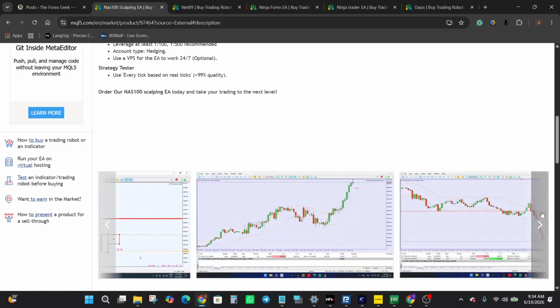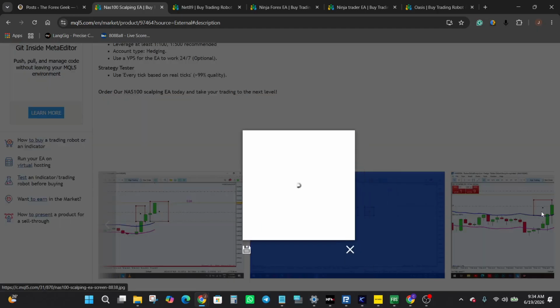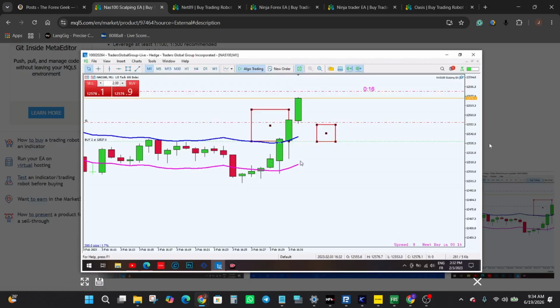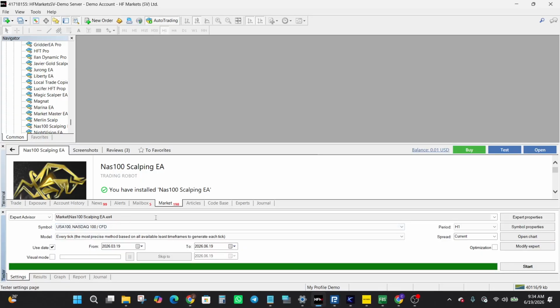So we are just going to be heading over to our strategy tester right away. Let's see how the NAS100 EA performed on US 100, which is also NAS100. So we'll see how it performed on NAS100 on the H1 time frame, using the every tick model. And we are testing over the past 3 months from 19th March to 19th June 2026.